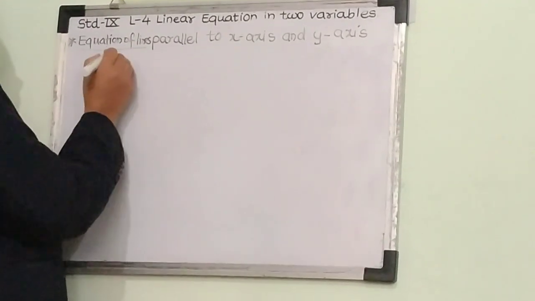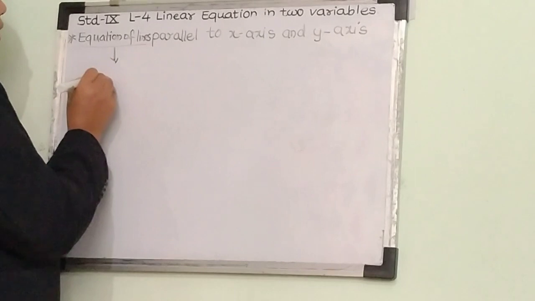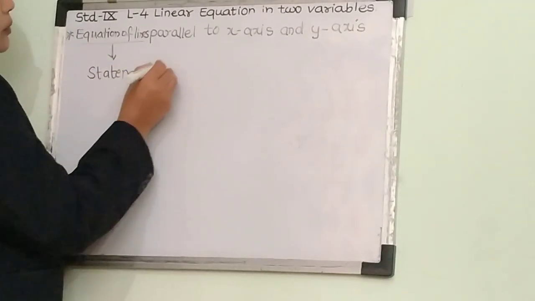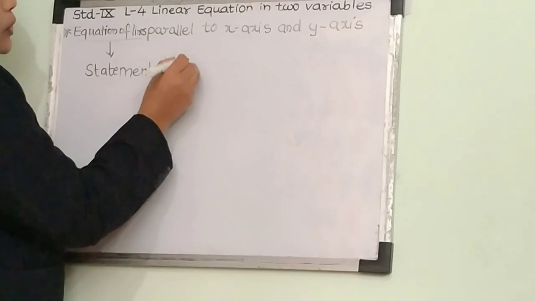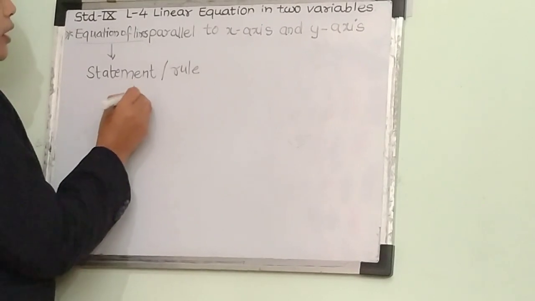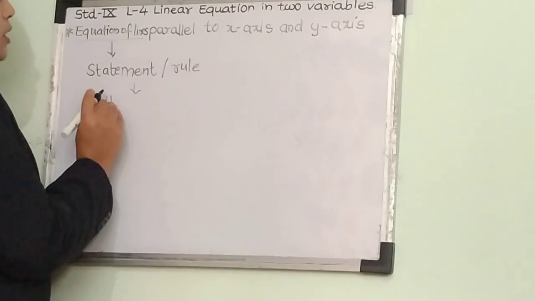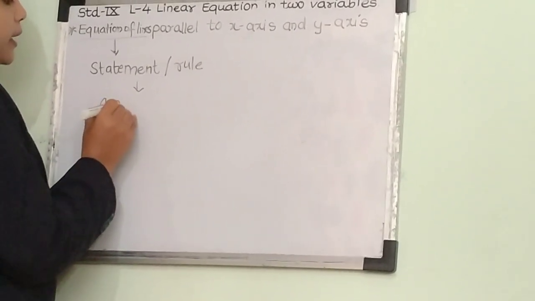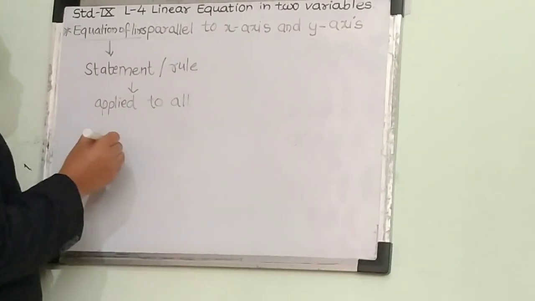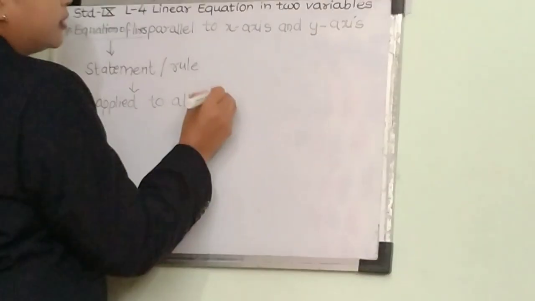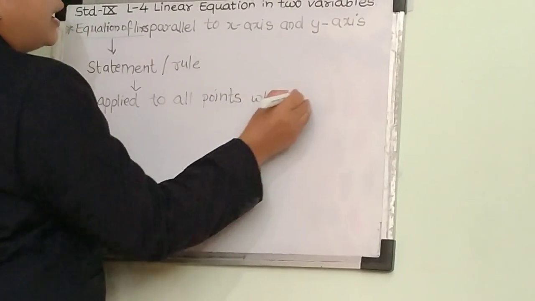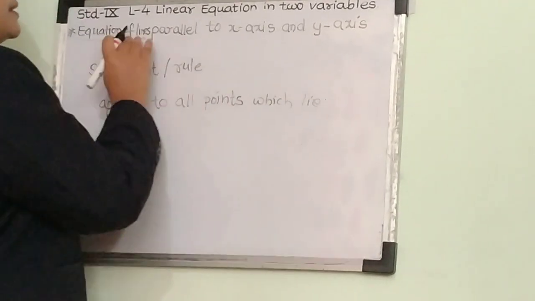Equation of a line is a statement, or we can say that it is a rule, which is applied to all the points which lie on this line.